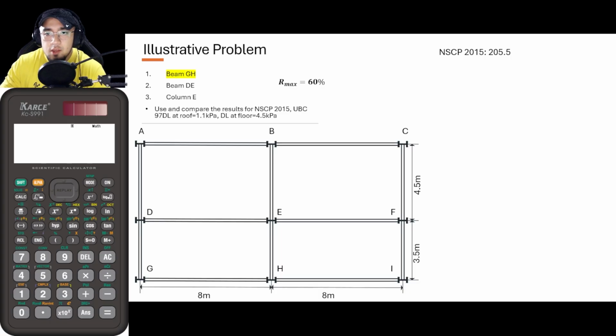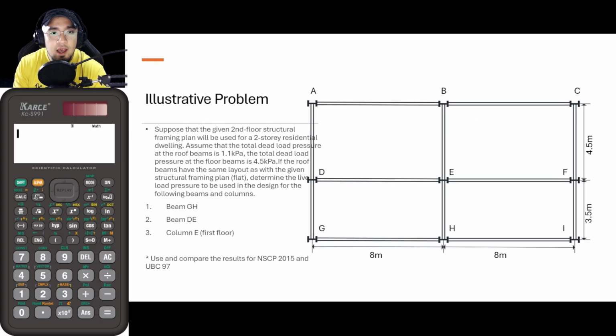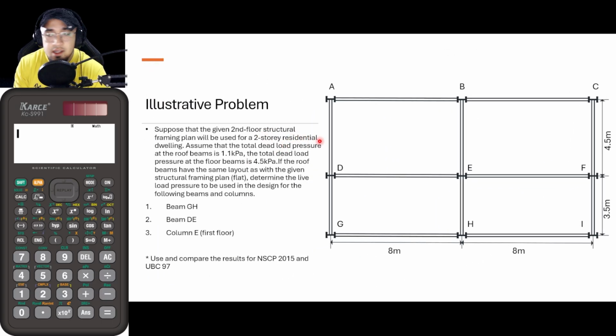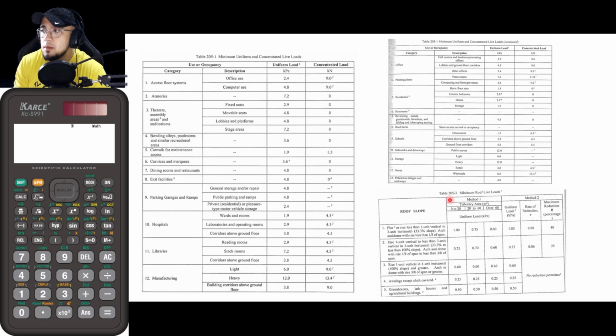The first thing that we will be doing is to know the unreduced live load that we could apply to the structure. In this particular setting, this will be used as a residential dwelling, and from that we would be going to this particular table in order for us to know.